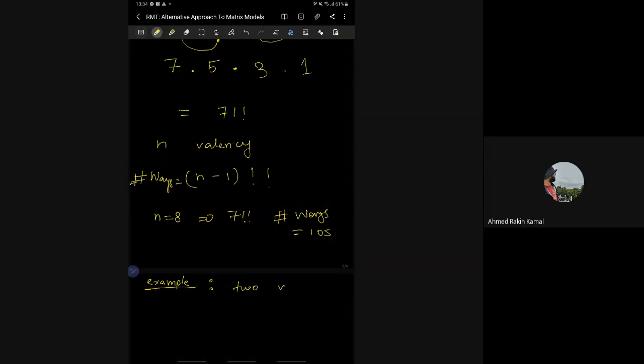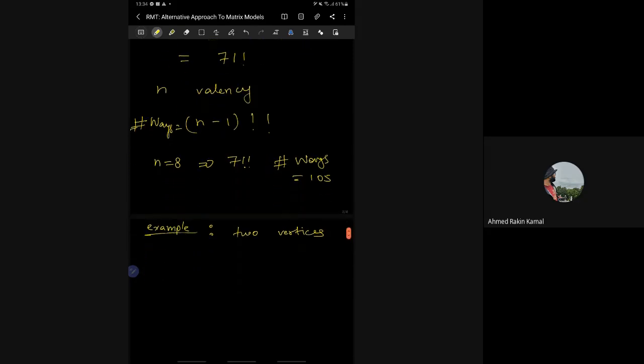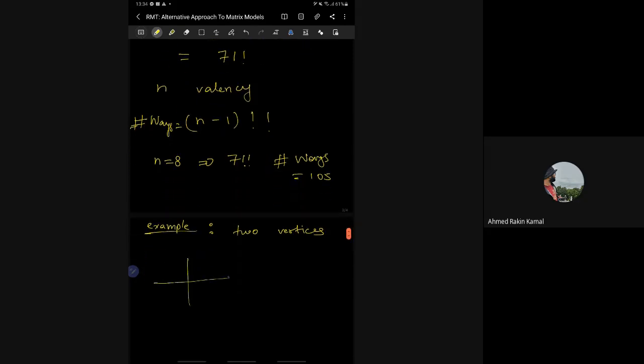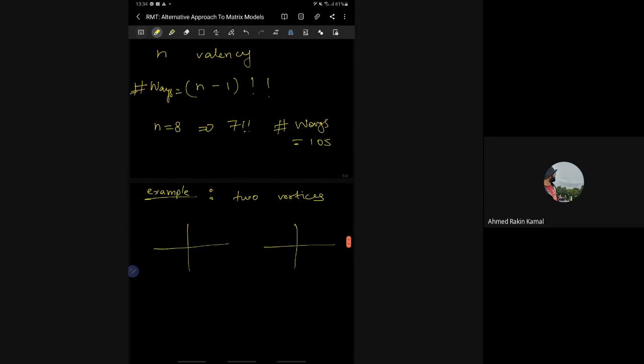Let's say it's 2 vertices of valency 4. How many ways are there of contracting them into a graph? You might understand from this that we will have multiple graphs. In how many ways can we contract them?